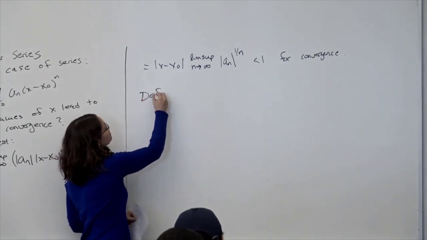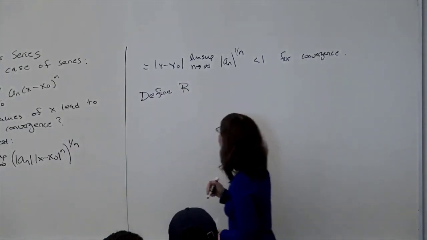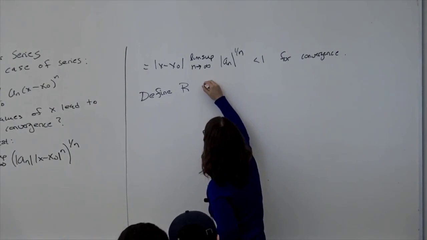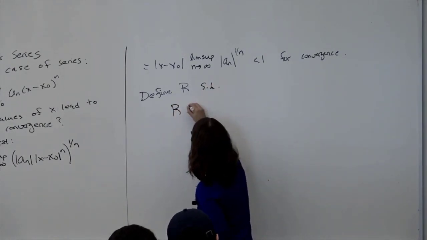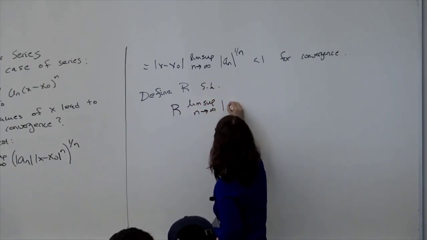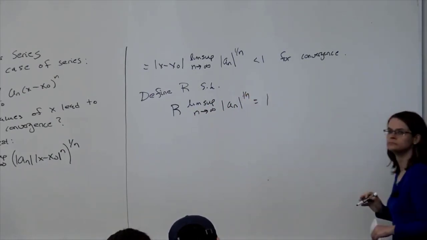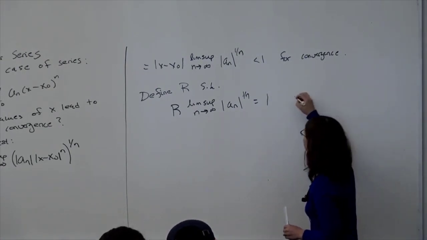So let's define a number R such that R times the lim sup is exactly equal to 1. This is going to be the radius of convergence.